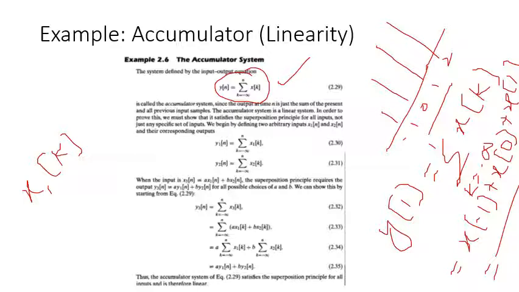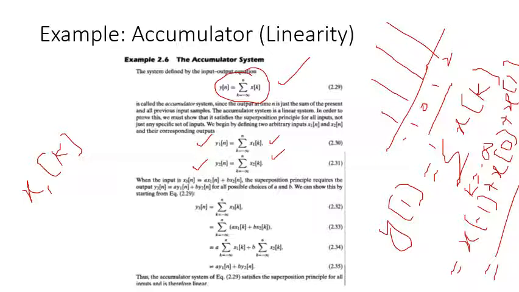If the input is x1[k], the output will be y1[n]. And second, the input x2[k] gives the output y2[n]. These are just the transformations. We pass two different inputs because to prove linearity we need two inputs for addition.